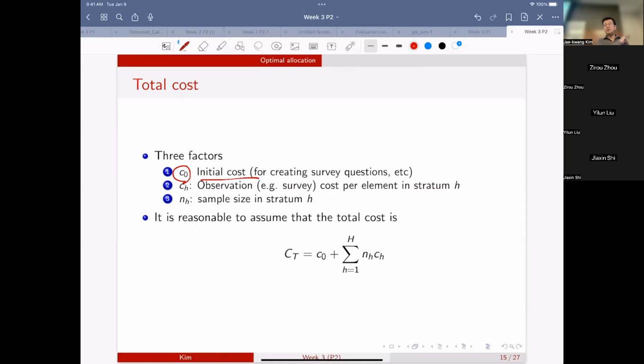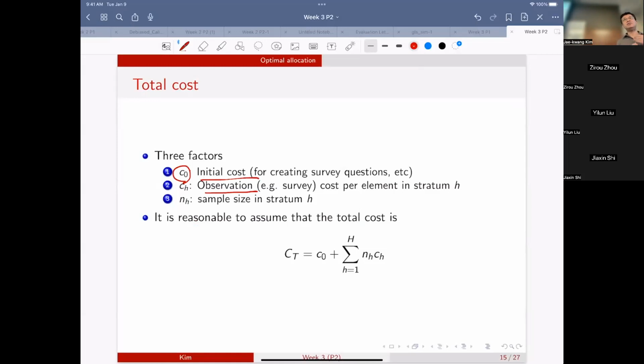Even if you end up selecting none, there's always an initial cost. If you spend time on this project, your labor is a cost. So that is the initial cost. And then this one is more like an observation cost, meaning that when we ask questions to interview, there's some labor. We can hire an interviewer, or we can also give some incentive.